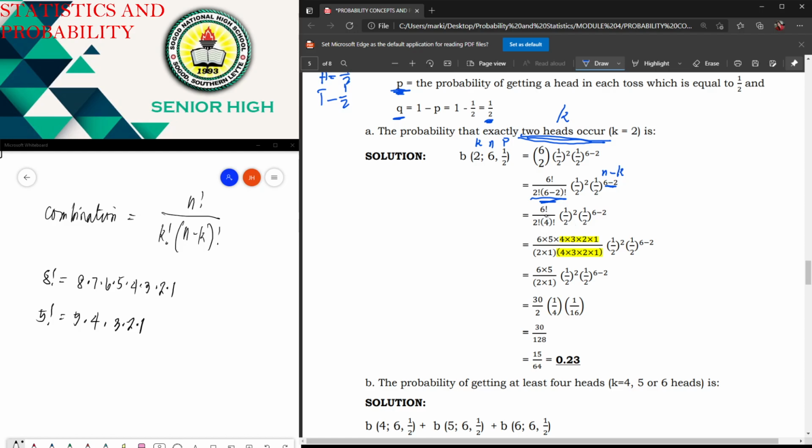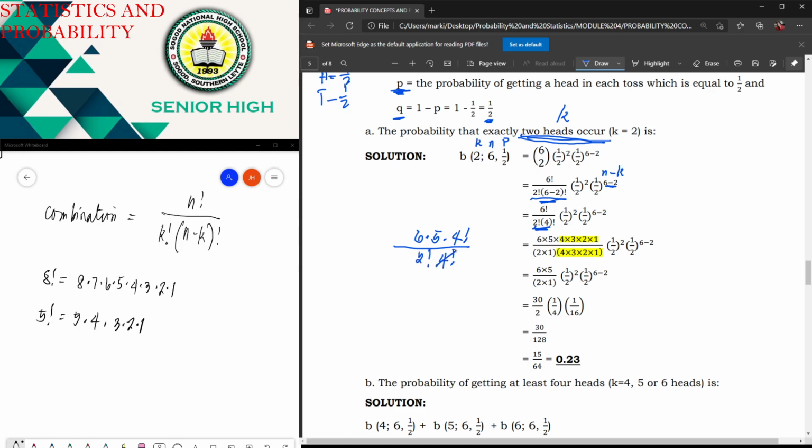Now for 6 factorial, the clue here is you look for the greatest factorial so that you can simply cancel it. This is equal to 6 times 5 times 4 factorial over 2 factorial and 4 factorial.